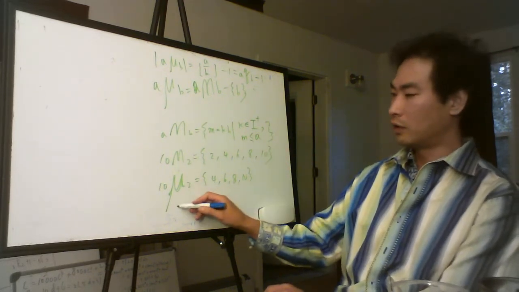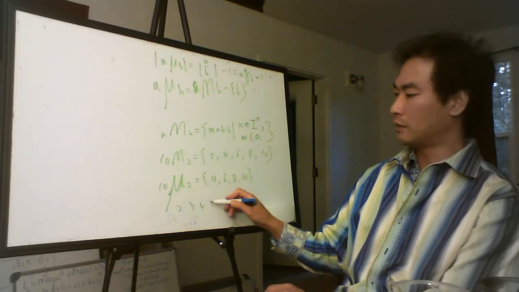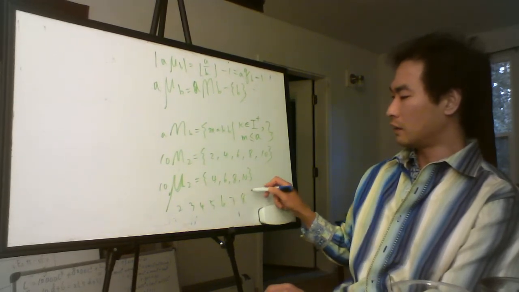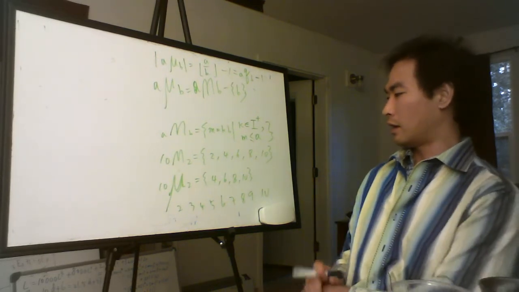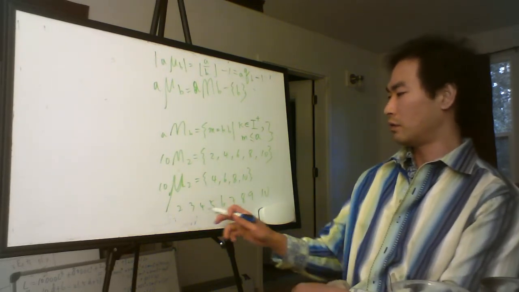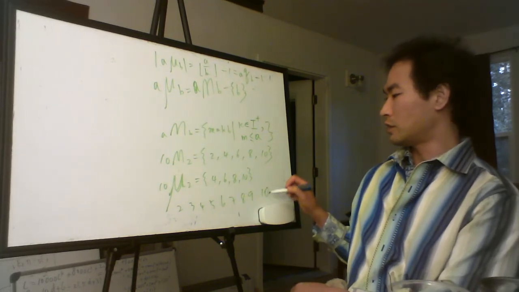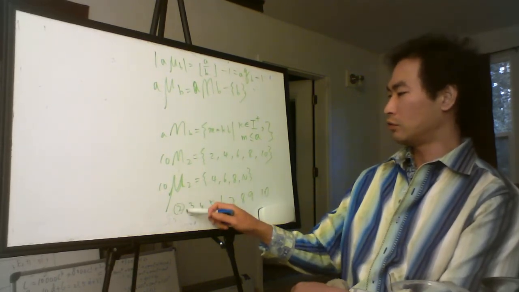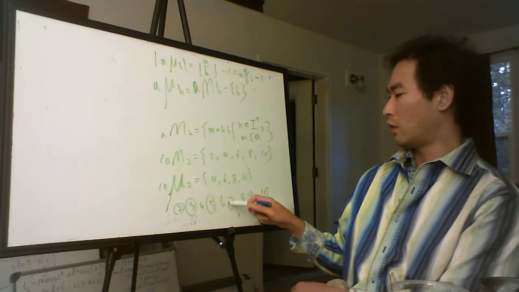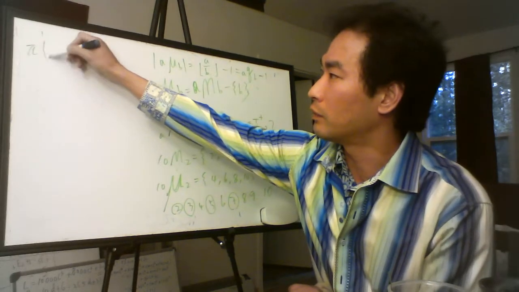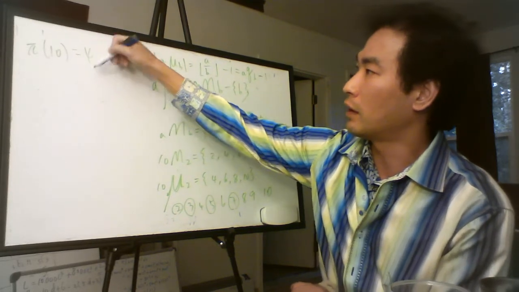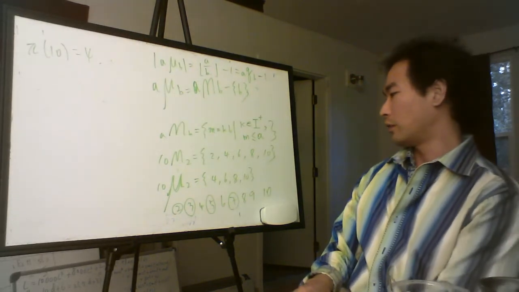It's just 2, 3, 4, 5, 6, 7, 8, 9, 10. Now, how many prime numbers are there, each of which is 10 or less? 1, 2, 3, 4. So the prime counting function pi of 10 is 4. We want to find a formula for that.